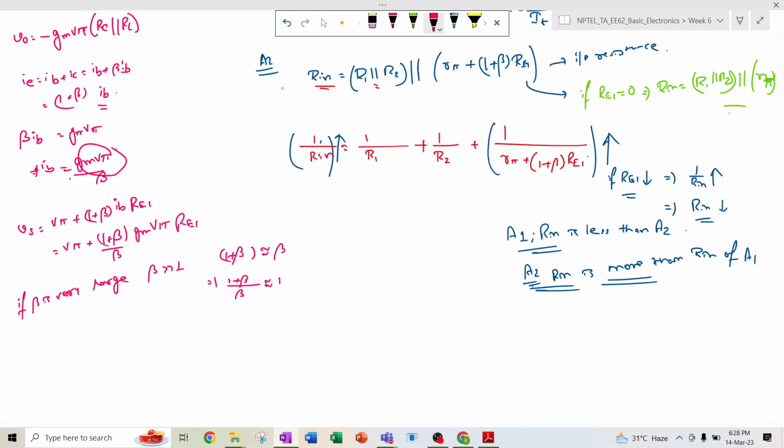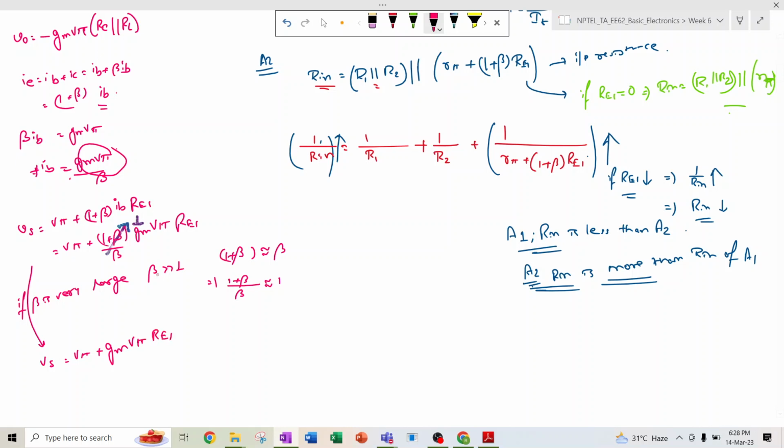So this thing becomes 1, and Vs is nothing but V pi plus GM V pi into RE1, right?